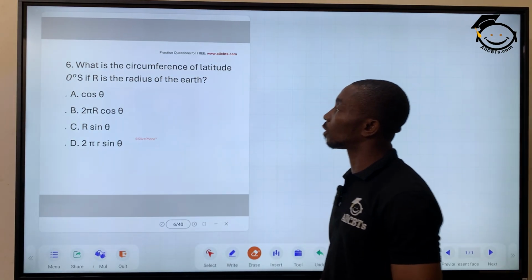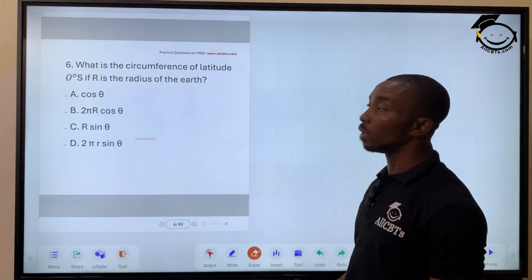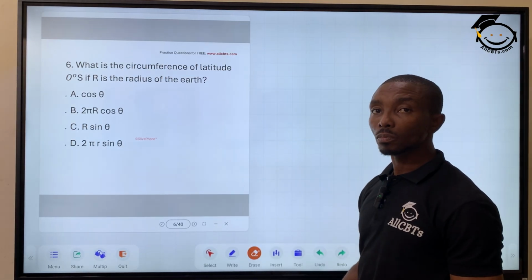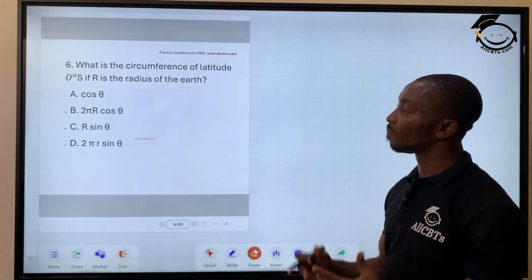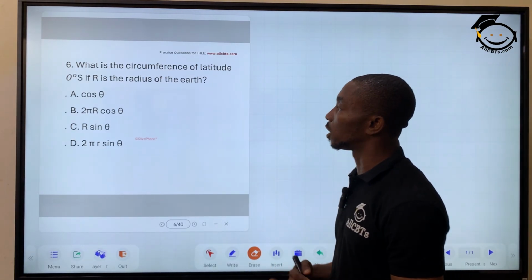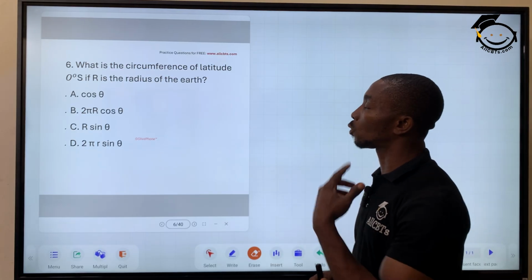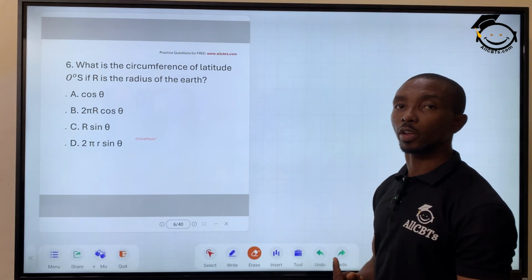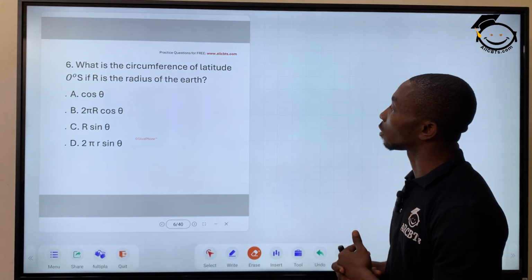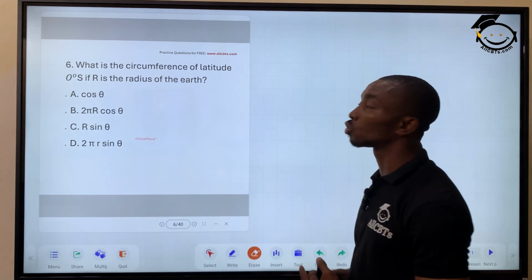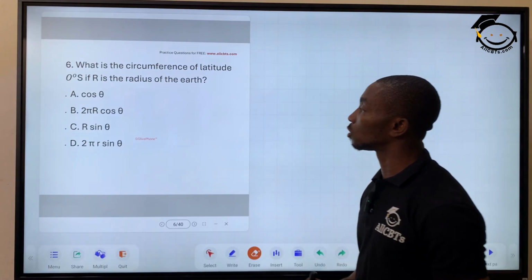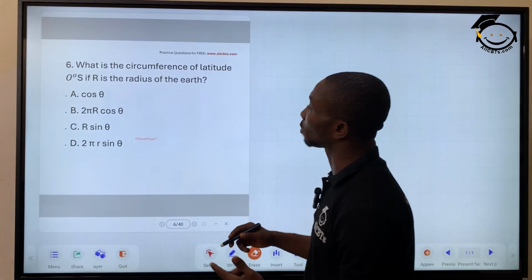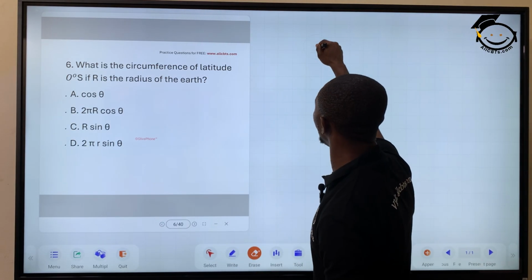Now, latitude of 0 degrees is your equator, okay? And your equator is a great circle. It's the only great circle that divides the earth into two equal parts. So that's the only latitude that divides the earth into two equal parts.